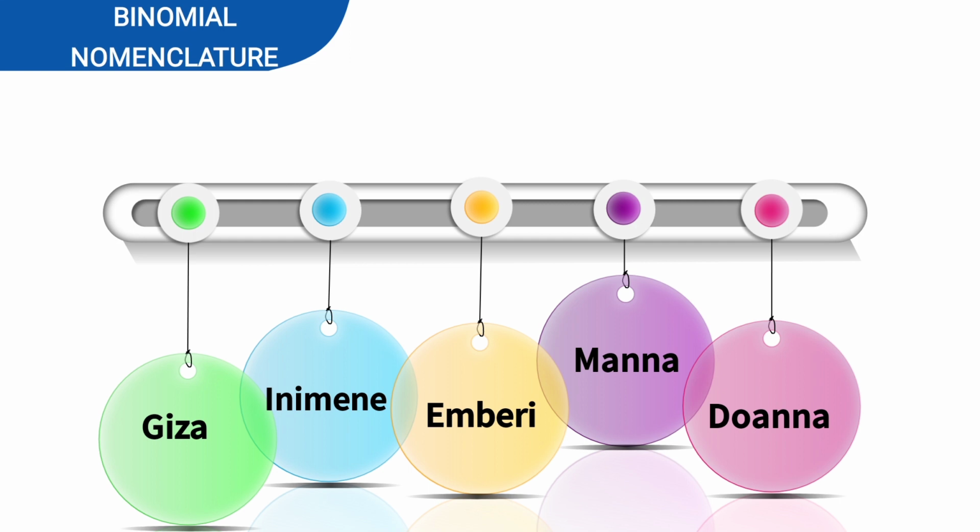We don't know, right? These words define a human. The word human has been given different words in different languages. Giza, inimin, emberi, manna, and duana all represent the word human, but they are different in different foreign languages.